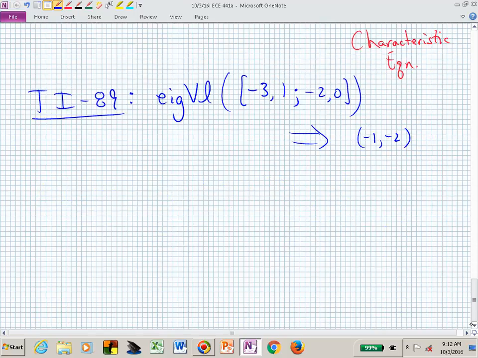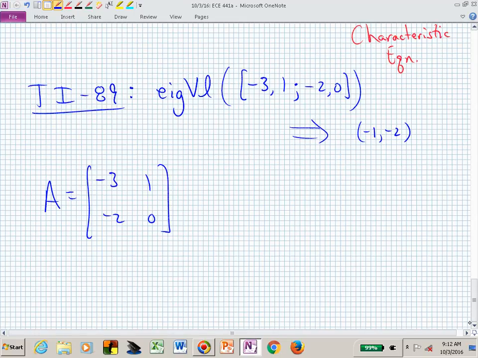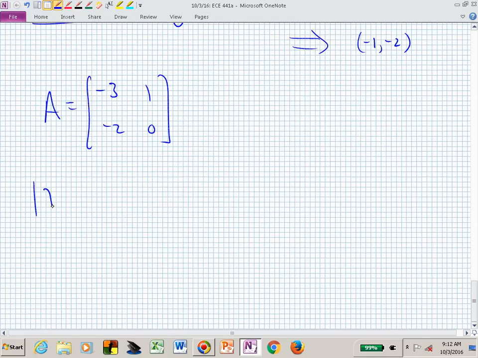Now, if you didn't buy the calculator, you can do it manually, which isn't hard for a 2 by 2. Here's our matrix. And if we now look at lambda I, typically you see eigenvalues referred to as lambdas, so just view that as s if that's confusing.